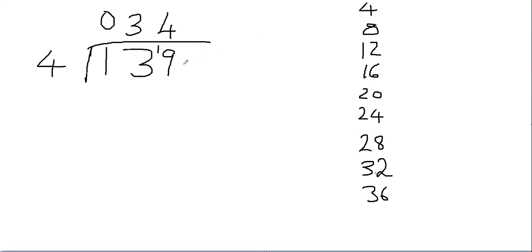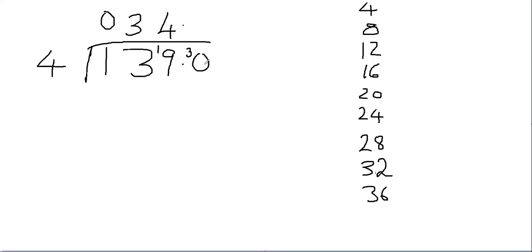Now you have to work out the difference between 19 and 16, whichever way you want to count it. If you count it up, you can say 17, 18, 19. That's 3. You have a remainder 3 or 3 left over.